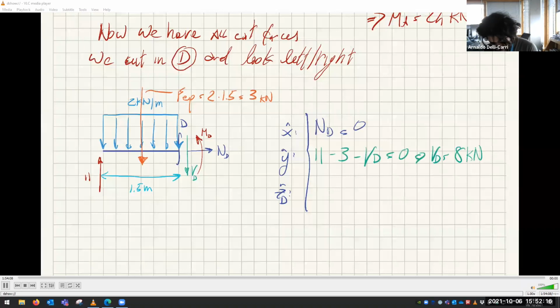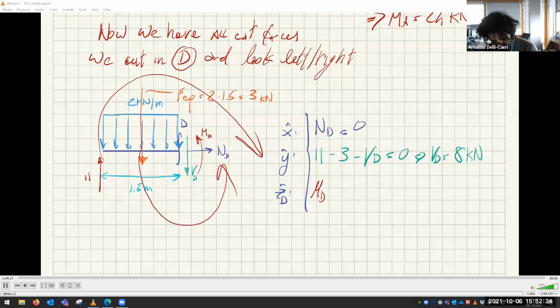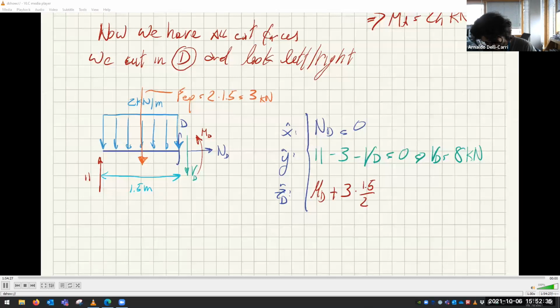And finally, MD. We have this one, which is negative, and this one, which is positive. So MD plus 3 times 1.5 divided by 2 minus 11 times 1.5 equal to 0.